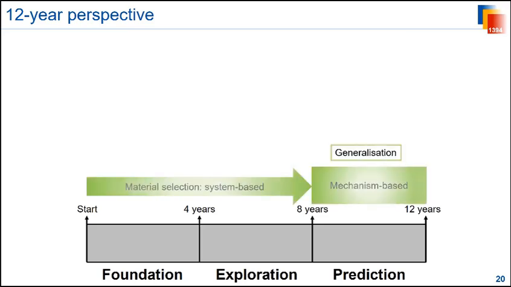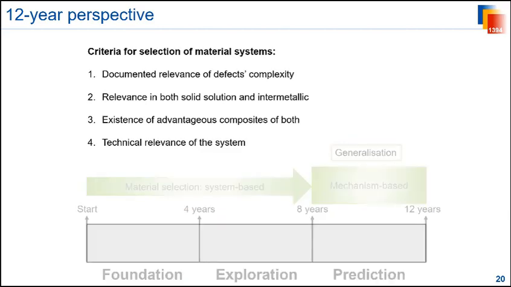Now, to enable the greatest possible synergies between the projects and all the computation and experiments we do, we've selected just 2 material systems. And we've done this on the basis of 4 criteria.